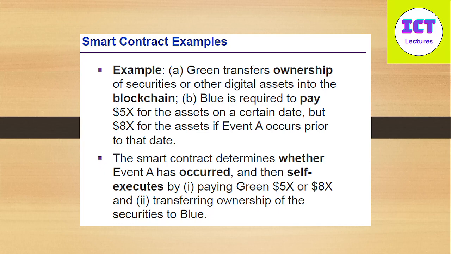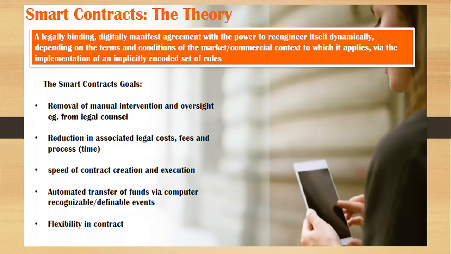The smart contract therefore needs to determine whether event A has occurred. It needs to look at what is within the agreement and trigger some action, maybe if payment has been done before a particular date. Therefore, it can conclude by transferring ownership of the securities to Blue. This is just an example.